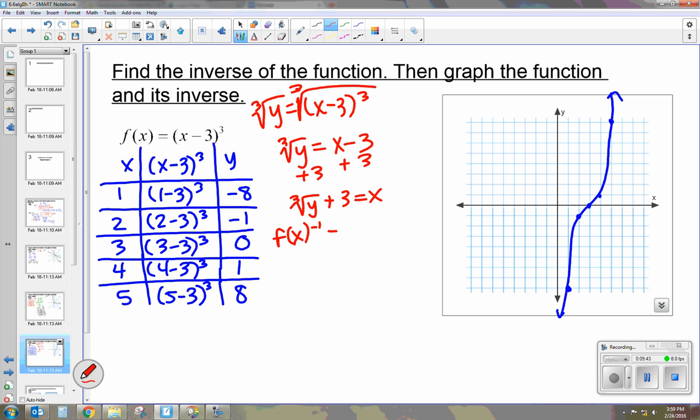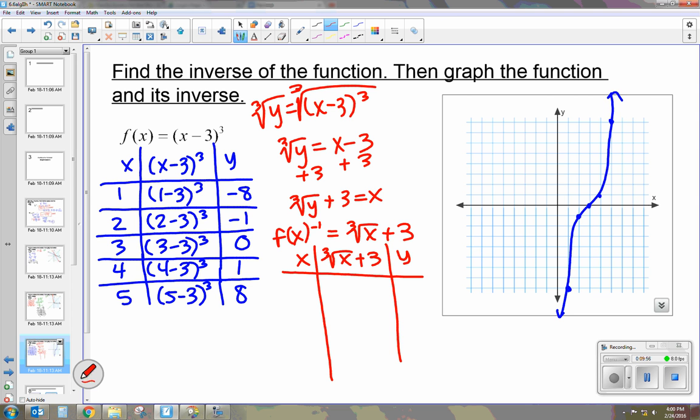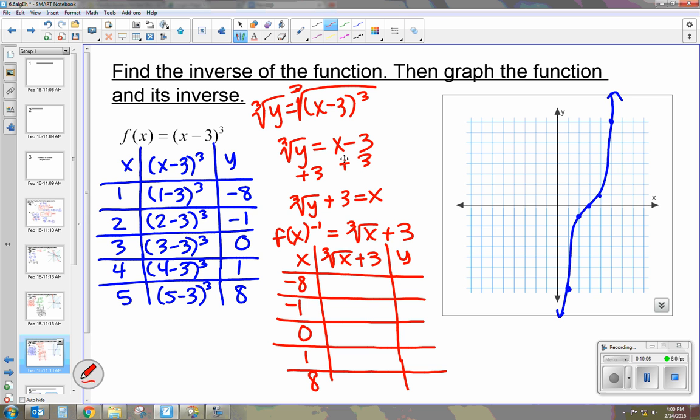Write it in function notation. Okay, and so now I'm going to use a table of values. What I'm going to use for this one is -8, -1, 0, 1, and 8.